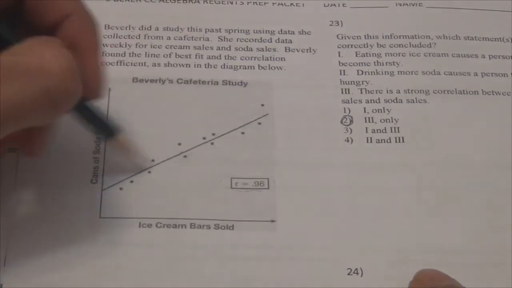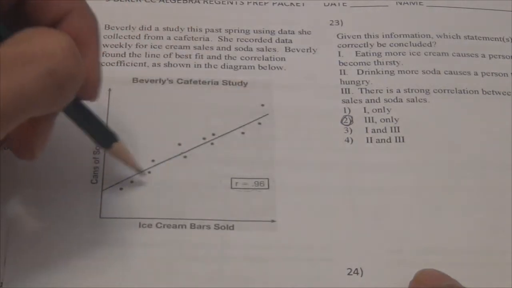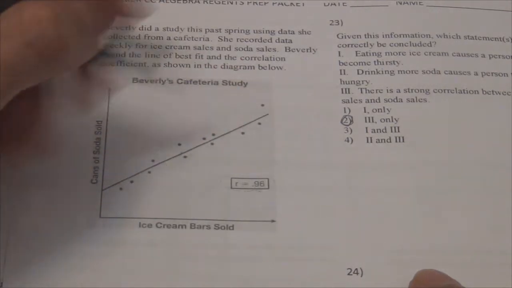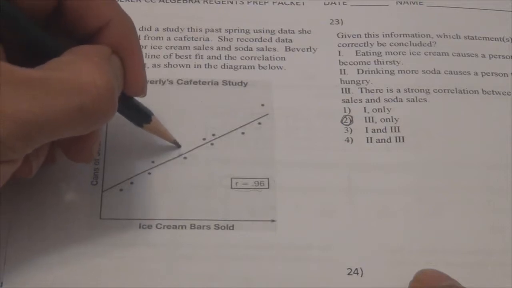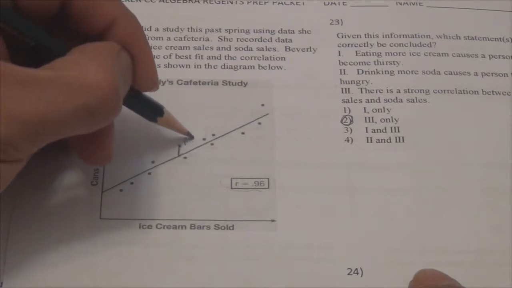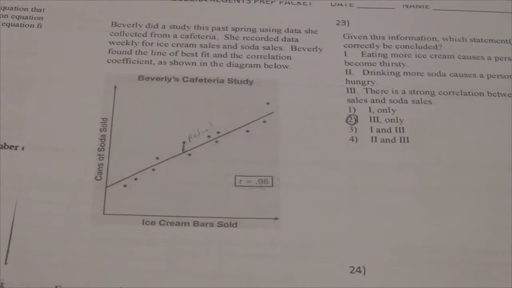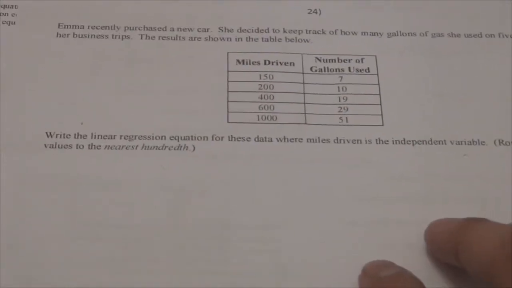This is what we call the predicted value, and these points are the actual values. The difference, the subtraction between the actual and the predicted, is called a residual. Just remember that. In other words, we're finding an equation that can represent this data.